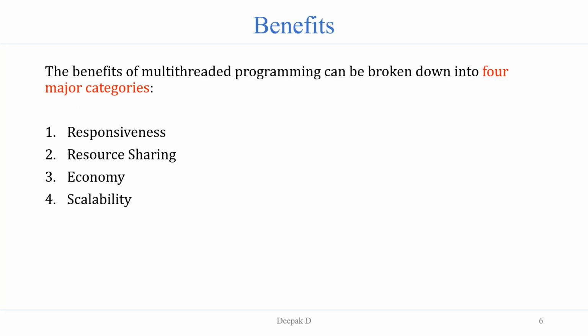Let's see the benefits of multi-threaded programming. These are majorly divided into four categories: responsiveness, resource sharing, economy, and scalability. Let's see the first one. What is responsiveness? Assume that you are using an application which is interactive in nature and it is multi-threaded. That application will allow a program to continue running even if some parts are blocked or it is performing a lengthy operation, and still it increases responsiveness to the user.